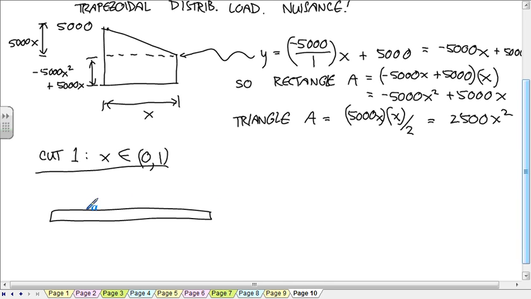The triangular distributed load of 2,500 x squared and the rectangular distributed load of negative 5,000 x squared plus 5,000 x.